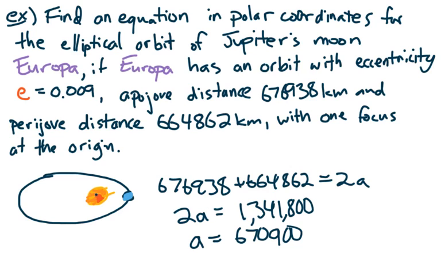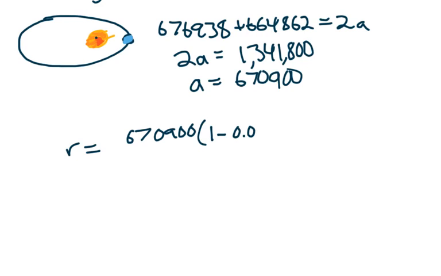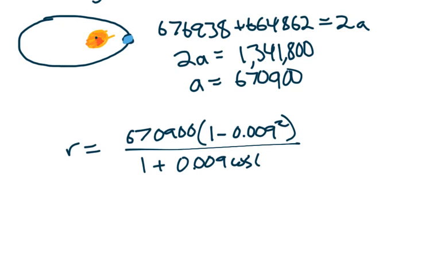This is the length of the semi-major axis, and this is one of the critical components of our equation. r equals a times 1 minus e squared over 1 plus e cosine theta. Again, I'd like you to simplify the numerator at least.